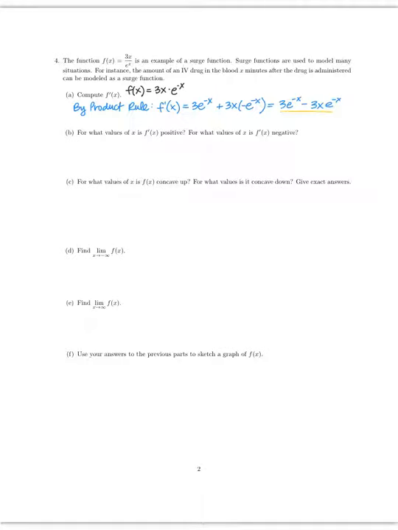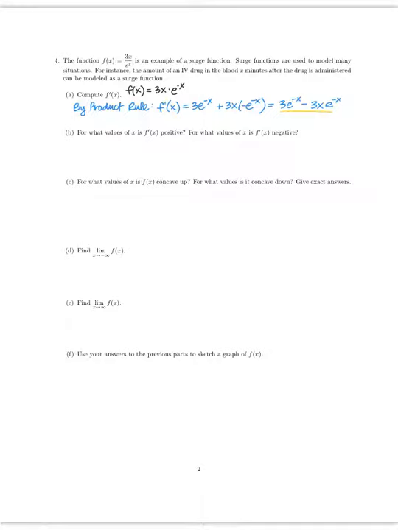Now part B asks a follow-up question, which says for what values of x is f prime of x positive? For what values of x is f prime of x negative? And right away it should be pretty clear to you that this format of our solution from part A is not super useful to very quickly being able to reason about the sign of the derivative for various values of x.